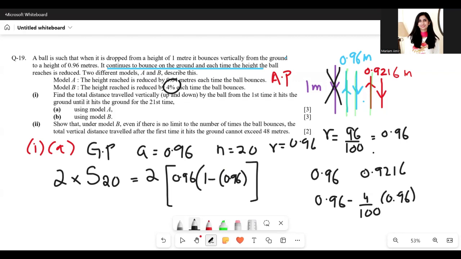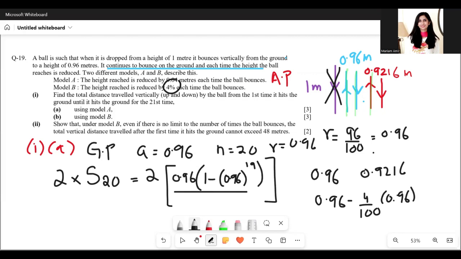And the power of R is n minus 1. So 20 minus 1, that's going to be 19. And let's close the bracket. 19 is supposed to be on 0.96. Let me fix that. So power 19, bracket close, big bracket close, upon 1 minus R. So 1 minus 0.96.